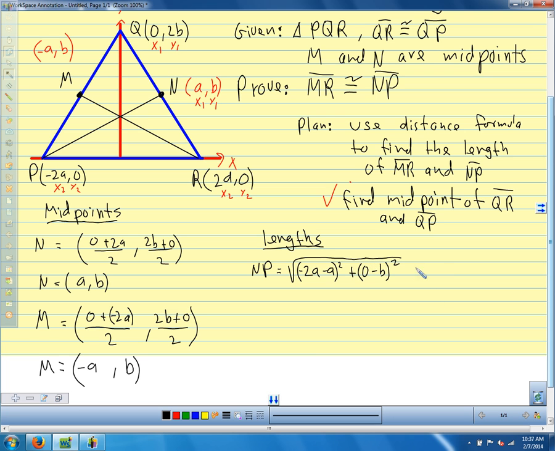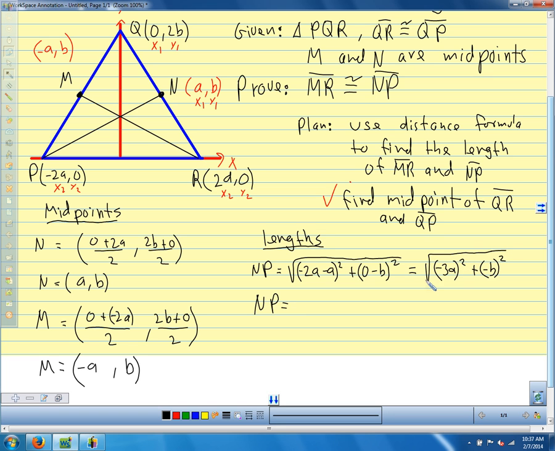Squared. Well, I can simplify that. That's the square root. Negative 2a minus a is minus 3a squared plus minus b squared. And finally, NP is going to be, I can simplify that.